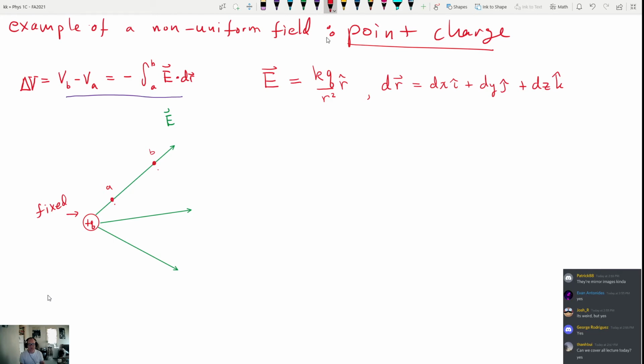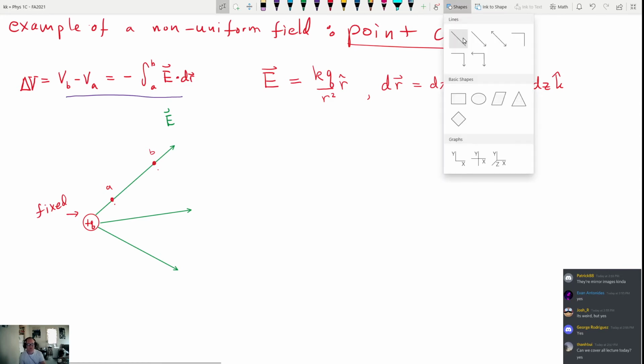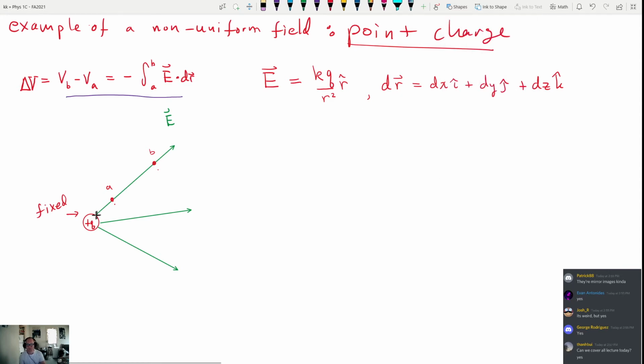Let's draw. Yeah, I need to draw some lines in here. So we're going to move this object from this point here up to this point here. And I'm just going to make them kind of separate.